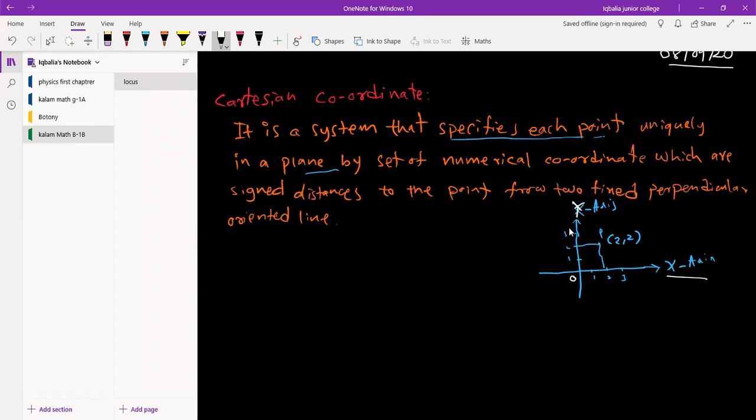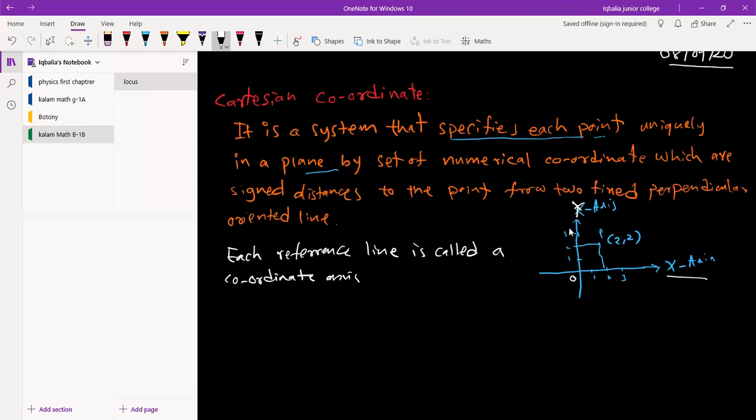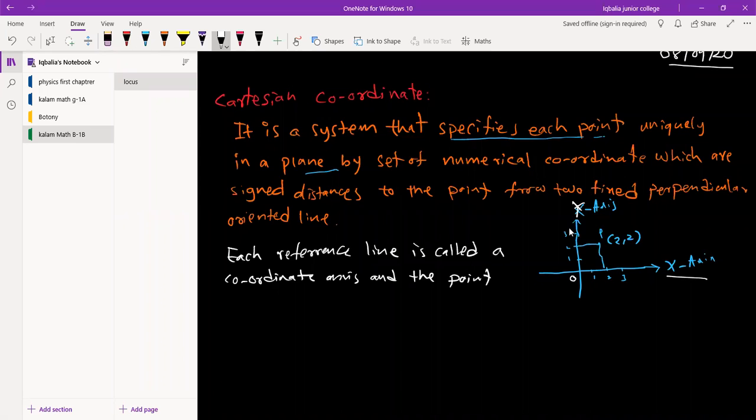So each reference line is called a coordinate axis, and the point where they meet is the origin.